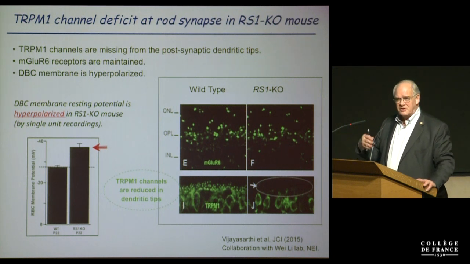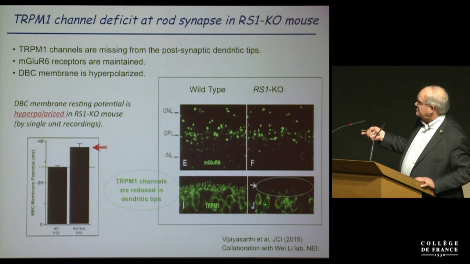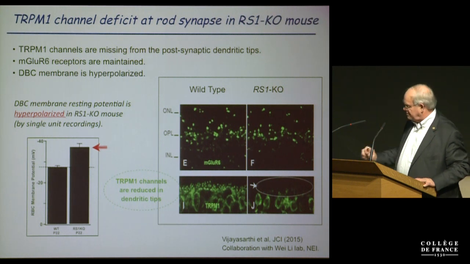And just to give you the story ahead, I will not show you, but after we treat with a vector to restore the protein, this membrane potential reverts to normal.